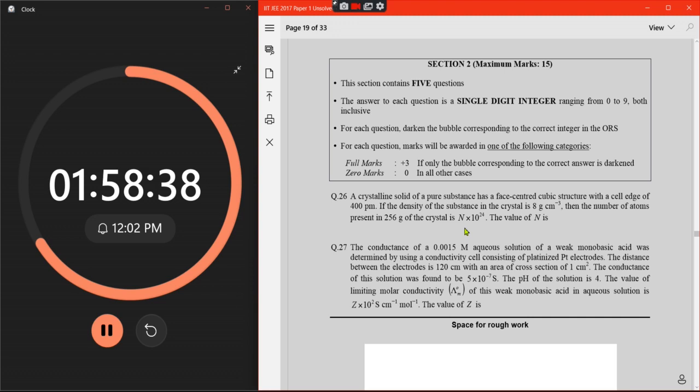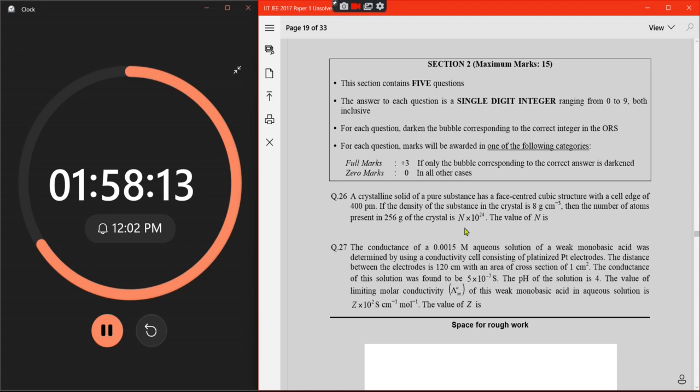So edge length is that. So how many unit cells are there? A cube is just 64 times 10 power negative 30, divided by this to get the number of unit cells, which is 1 upon 2 times 10 power 24.